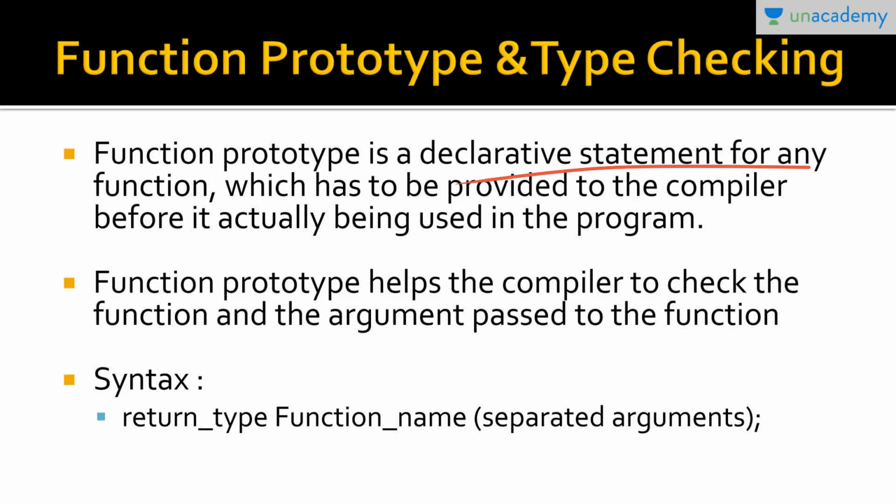The syntax for function prototyping is return type, function name, and comma-separated arguments. So we have to declare the name of the function we are using, with the separate arguments, how they are being used, and what exactly the function does in the program.